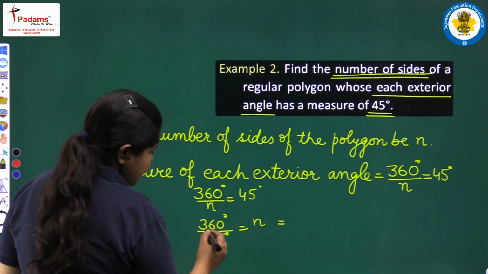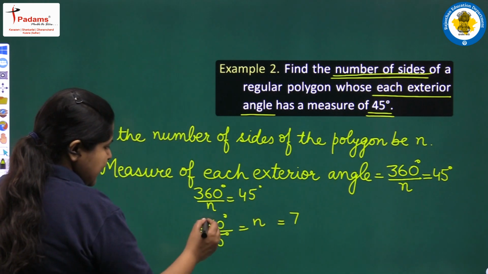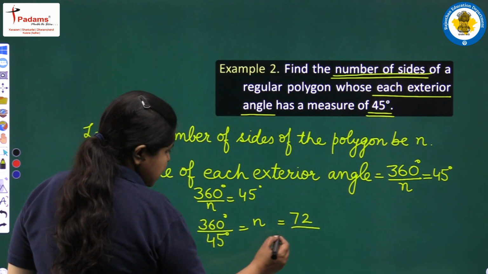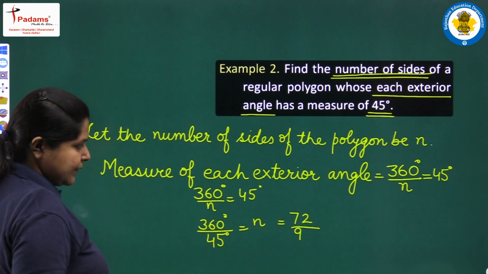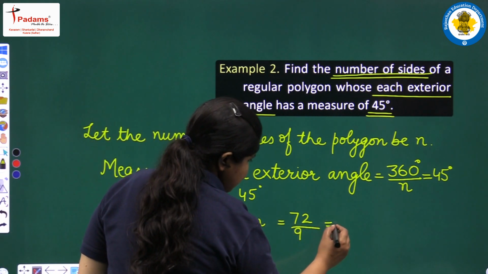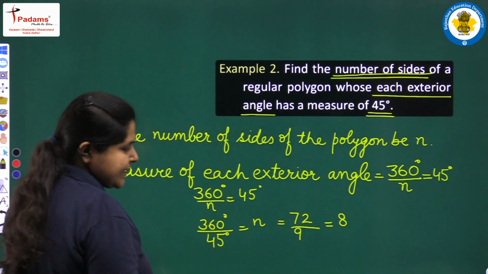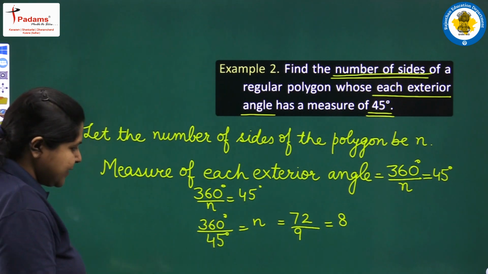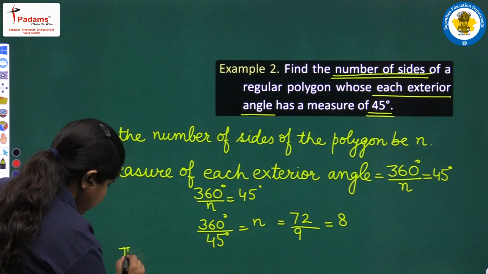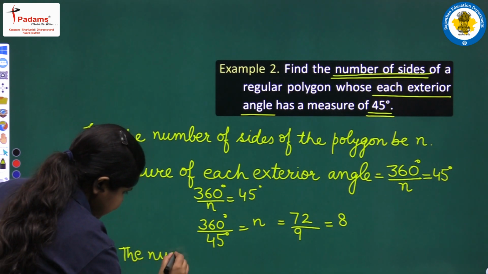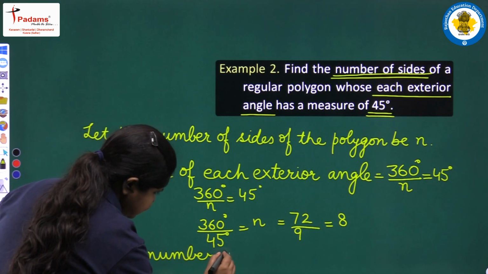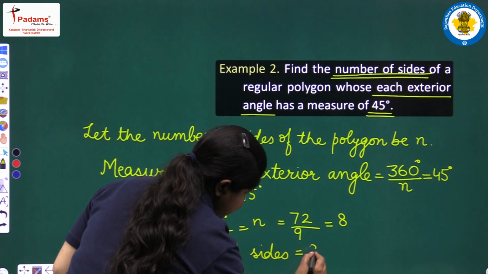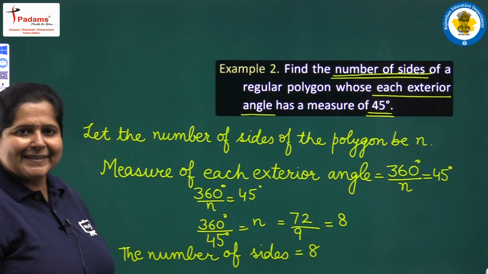This will give us 5 sevens are 35 and 1 zero, 5 twos are 10, 72 upon 5 nines are 45, and clearly this is equal to 8, 9 eights are 72. So, the number of sides is equal to 8. Clear to you?